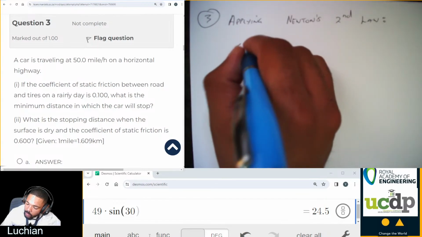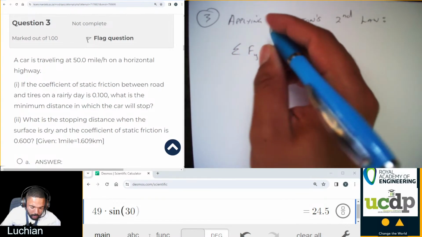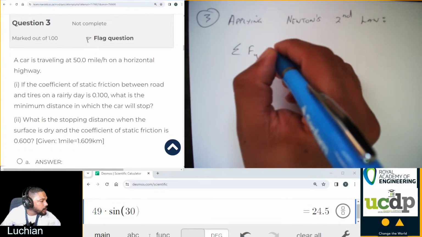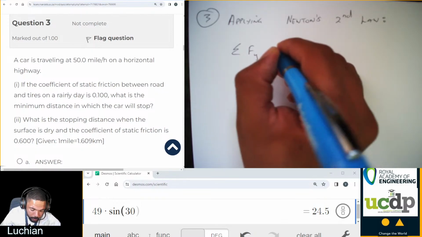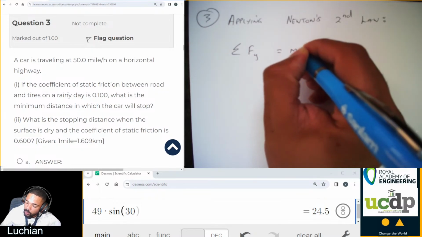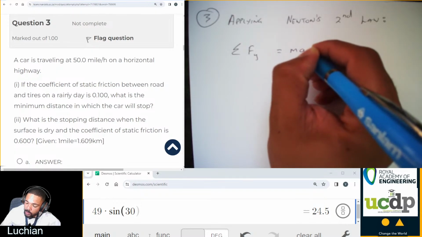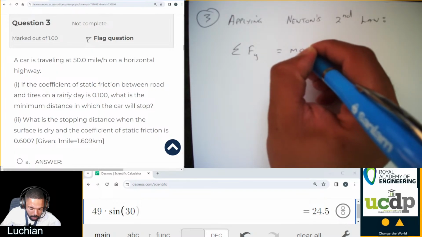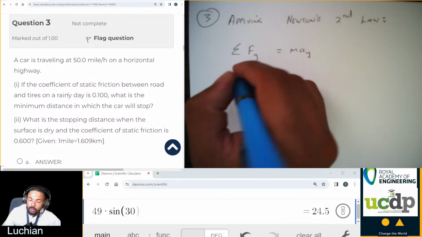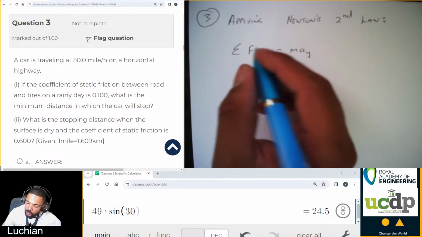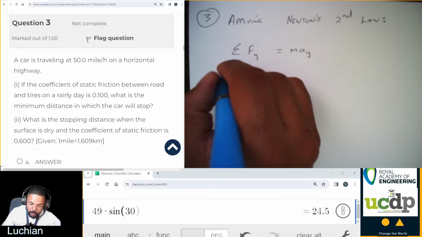So the sum of the forces in the y direction on the road is equal to the mass multiplied by the acceleration in the y direction. That's just Newton's second law. Now there are two forces in the y direction on this car.